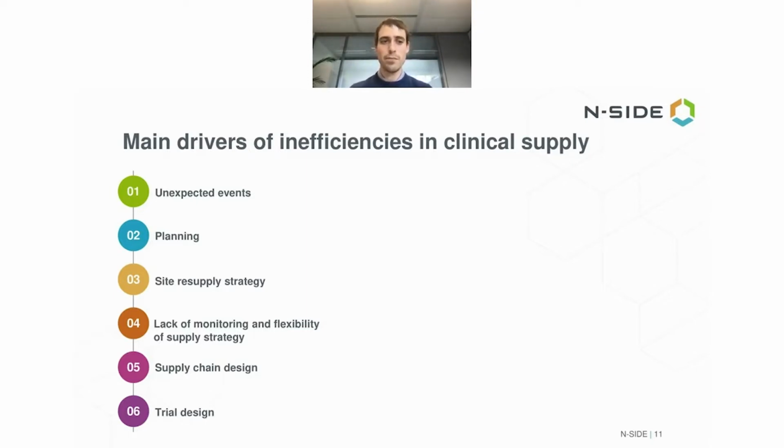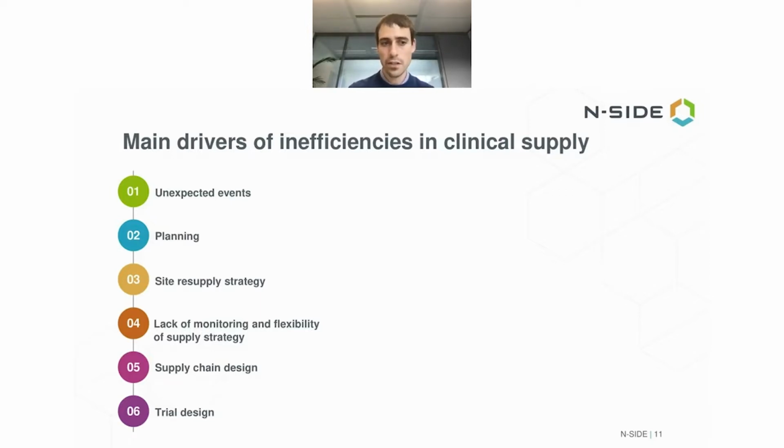So if you don't have monitoring capabilities to react to a delay in the recruitment, for example, then you will pack and label as many quantities as planned before without having observed that the recruitment is not on track. So you need a flexible supply chain, flexible strategy to be able to react to those unexpected events that will anyway happen. It never unfolds as planned.